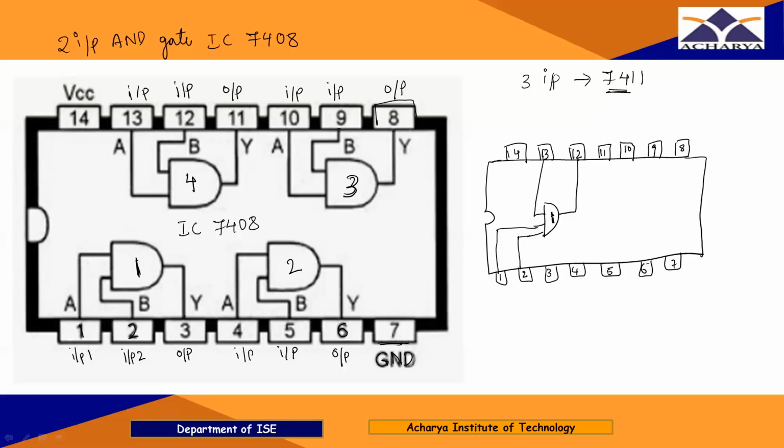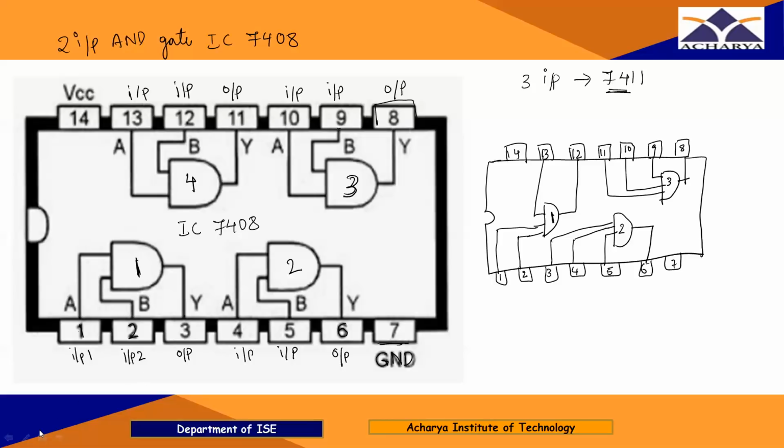This is the first gate. And for the second gate, pin number 3, pin number 4, and pin number 5 are the inputs, and pin number 6 is the output. Likewise, here pin number 9, pin number 10, and pin number 11 are the inputs, and pin number 8 is the output for the third gate.